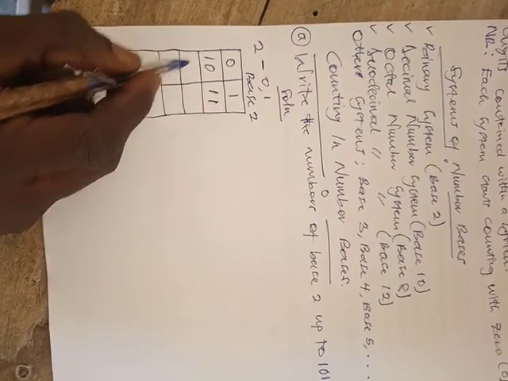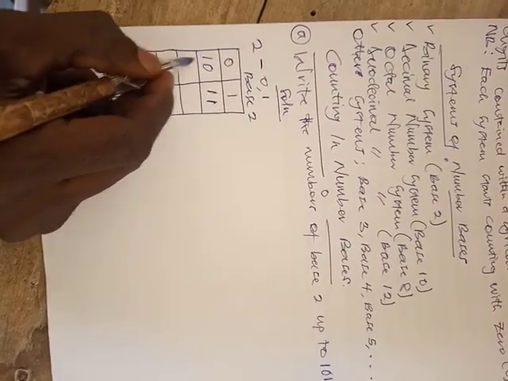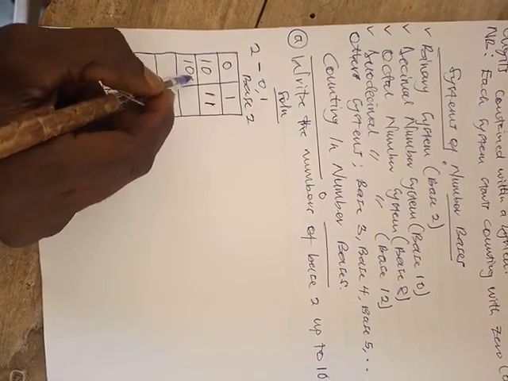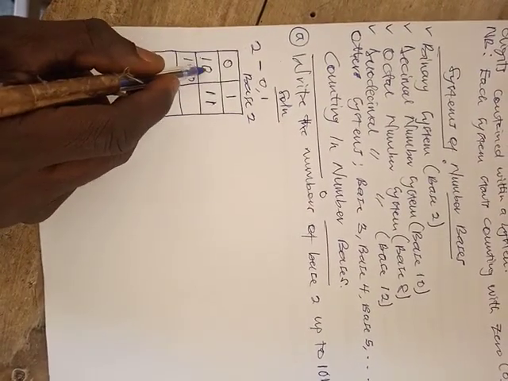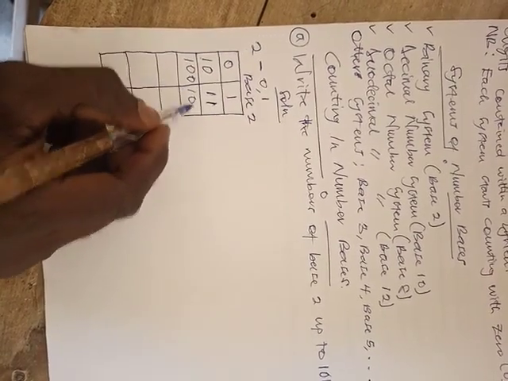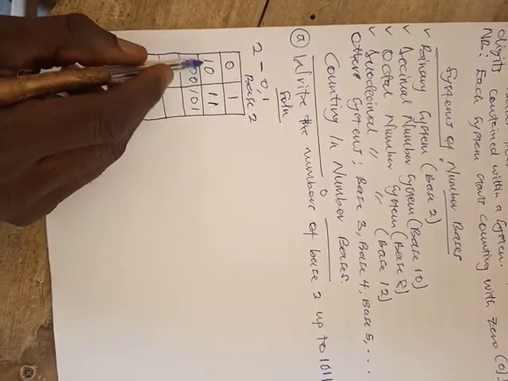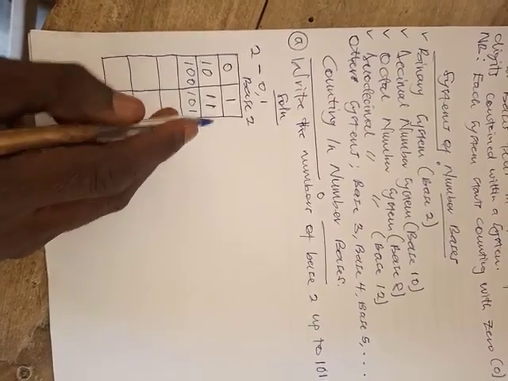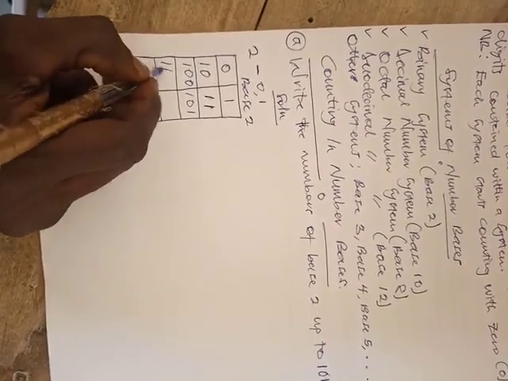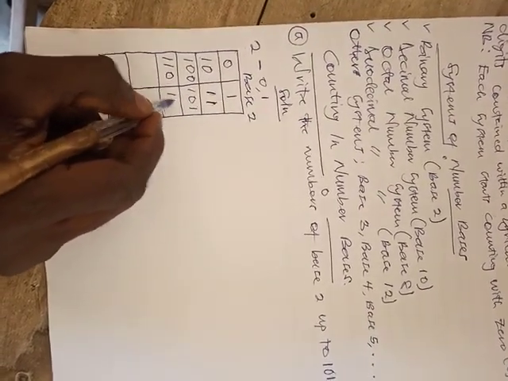Then you go again. 10 precedes 0, so 10 will precede 0 and 10 will precede 1, making 101. Having done with 10, then go for 11. 11 will precede 0 and 11 will precede 1.